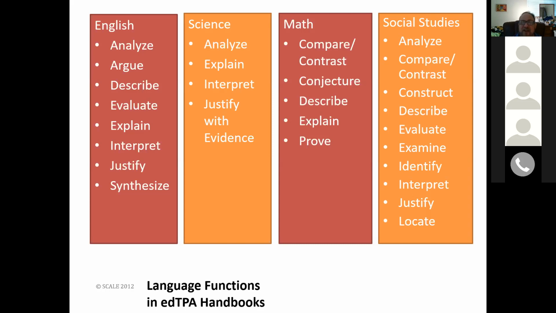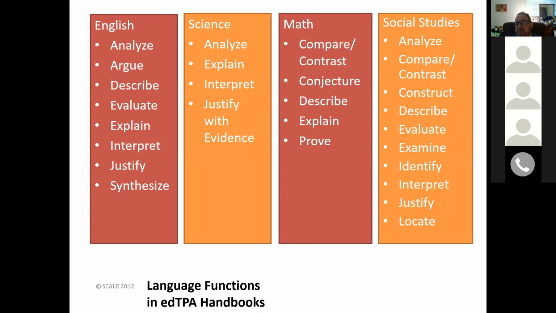So you can see the words that are going to come up in your commentaries as you write about whatever subject you are most comfortable teaching. I will just read one, and I'll read the social studies one because that's where I'm certified to teach secondary.